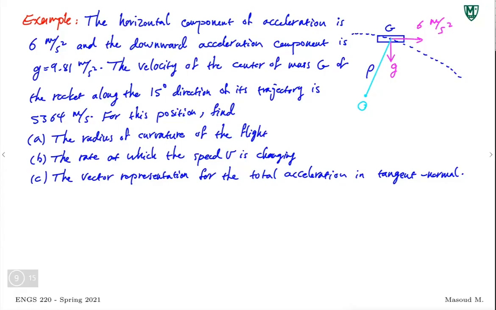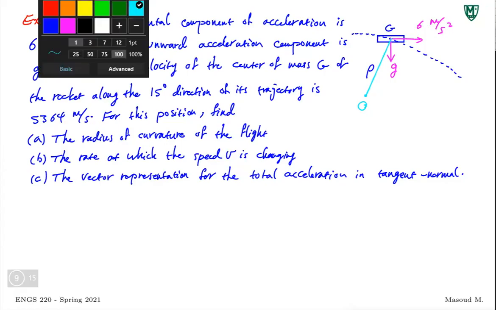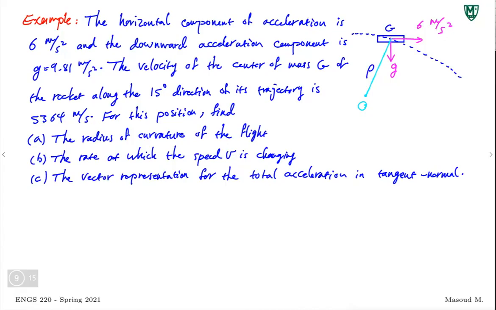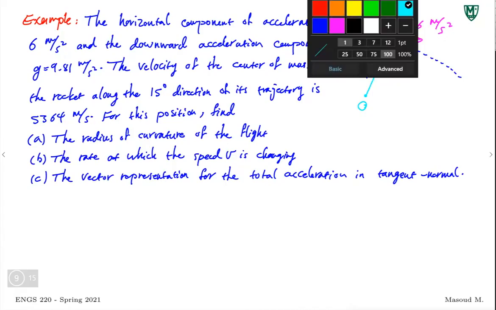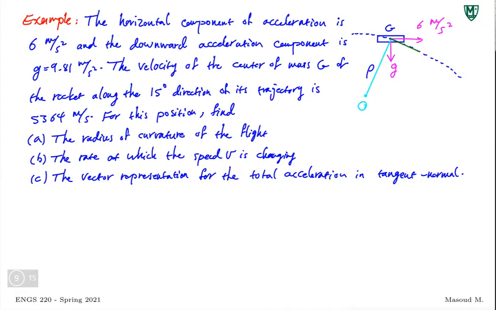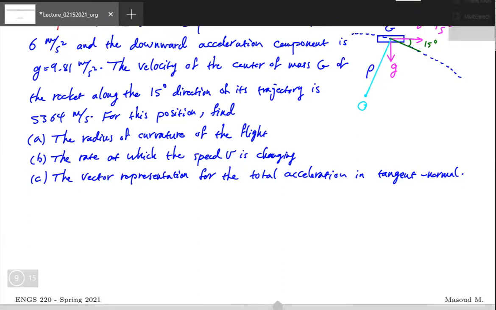And this angle is 15 degrees. So much information there. I exaggerated the angle so we can draw there, but this is 15 degrees. And we're given the velocity in that direction, so we know what velocity is in that specific direction.